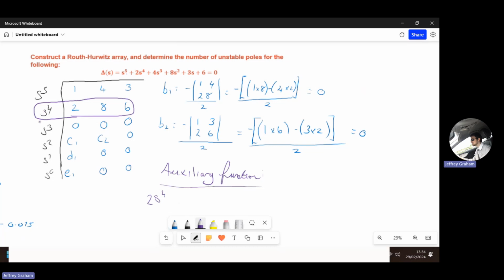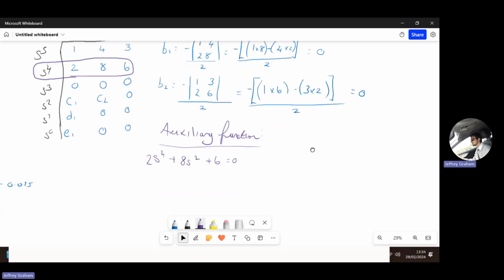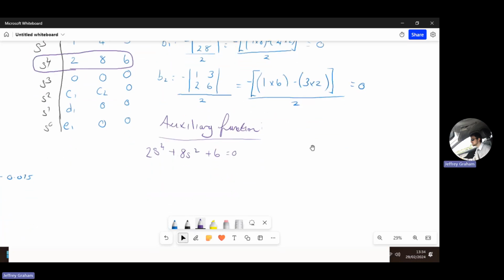When we inserted the values, we skipped a term. So each of these terms has a power missing. So this is now 8s squared. You skip a term for the 6, which is 6s to the power 0, or just 6. That equals 0. It then says in the PowerPoint that we've just been through the theory, it said differentiate the equation.